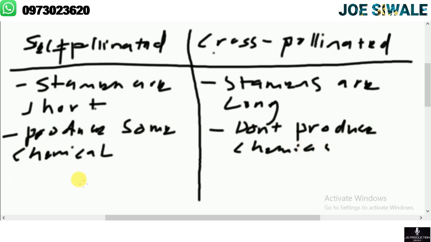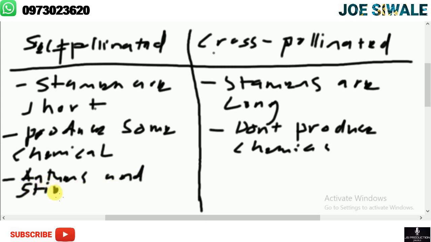Then let us look at another difference. For the self-pollinated flowers, the anthers and the stigma mature at the same time.